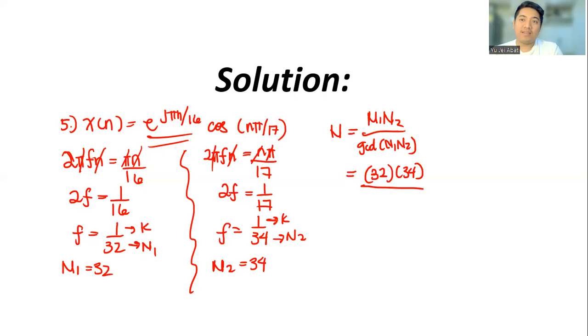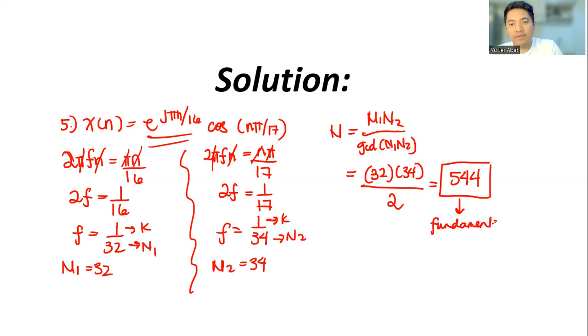It's not 6 because 32 is not divisible by 6: 6, 12, 18, 24, 30, right? So the greatest common divisor is 2 only. If we do that using our calculator, we'll get a fundamental period of 544. So that is the fundamental period. Of course, it still shows that it's periodic.